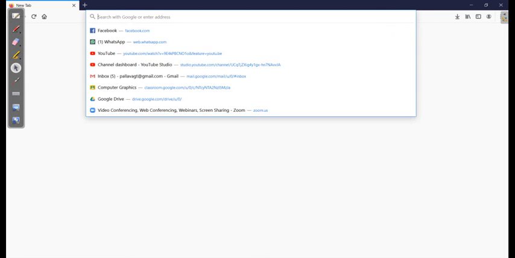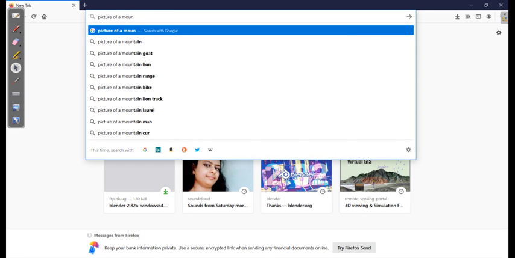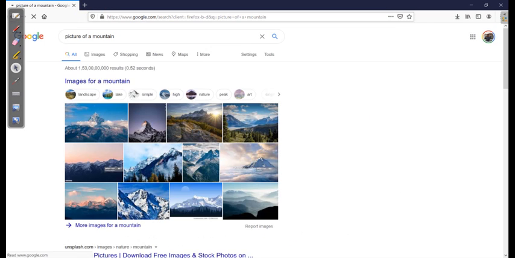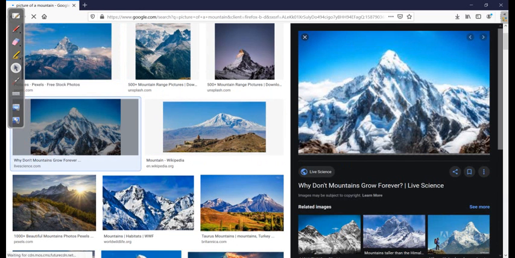You can see that onto your computer screen, let me show a picture of a mountain. So you can see that this is indeed a picture of a mountain.